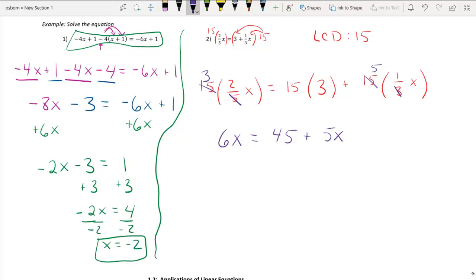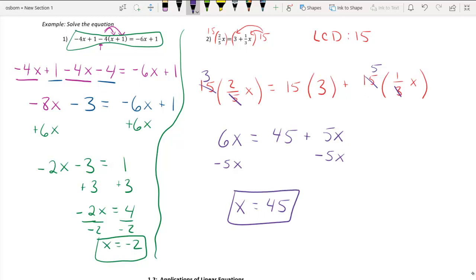At this point, it looks very similar to the first example that we did, where I need to move all of my terms containing x to one side, and everything that does not contain x will be on the other. So from here, that just simply means I'm going to subtract 5x from both sides. And that gives me x is equal to 45.